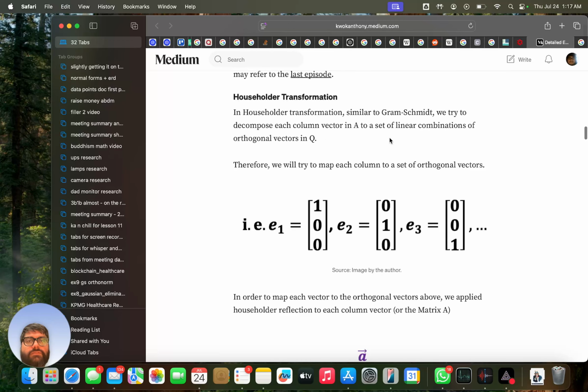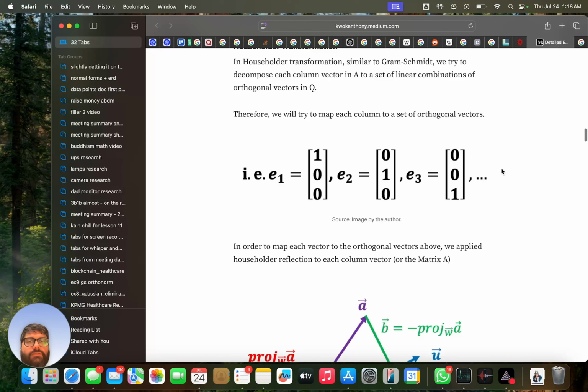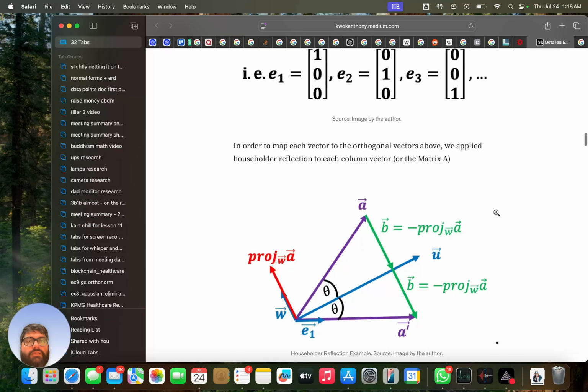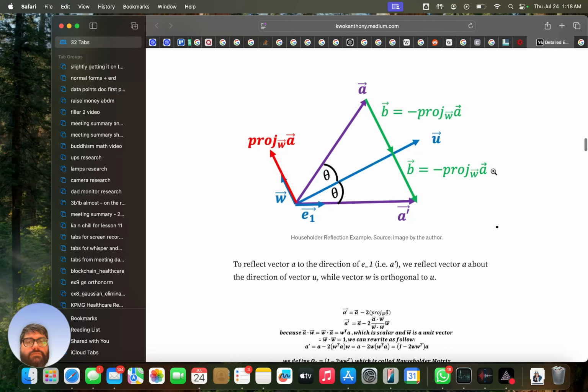Try to decompose each one as orthogonal, therefore we will try to map each vector to the orthogonal vectors above. We applied Householder reflection to each column vector.